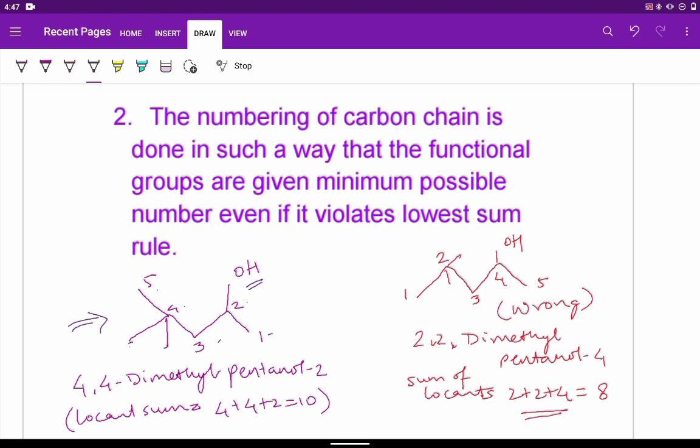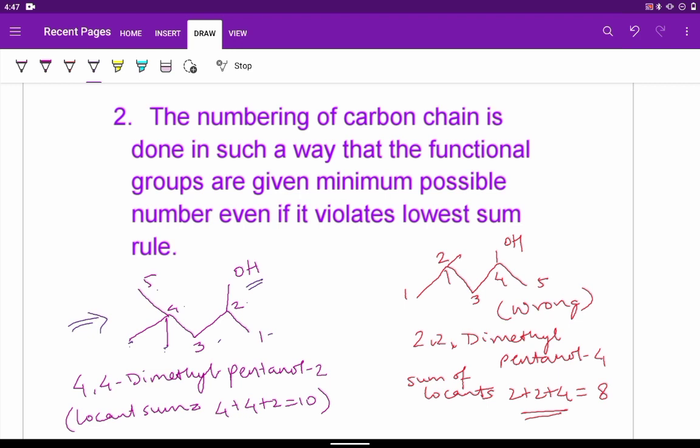The methyl groups get locant 4. So here it will be 4,4-dimethyl, because at carbon number 4 there are 2 methyl groups. See, this end means this is a carbon, this is another carbon, and then we have to satisfy the valency, so it has to be the methyl group CH3 CH3. So it is 4,4-dimethylpentan-2-ol.